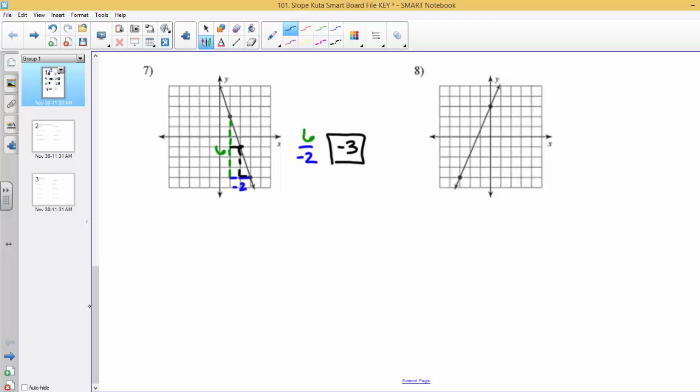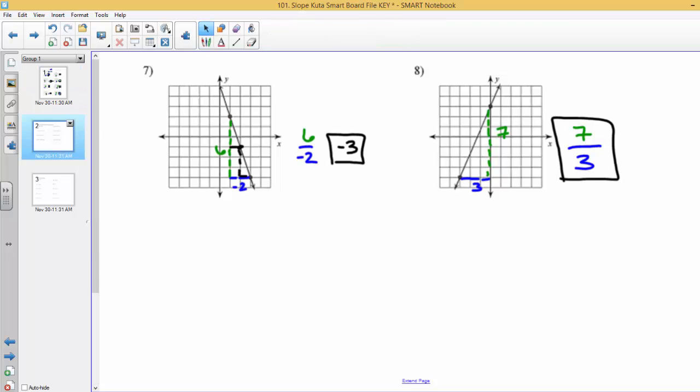So this is just over 1, up 3 twice. Over 3, up 7. Slope, 7 over 3, same as 2 1/3. I would leave it just like that.